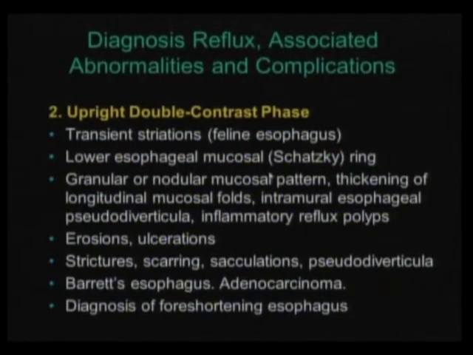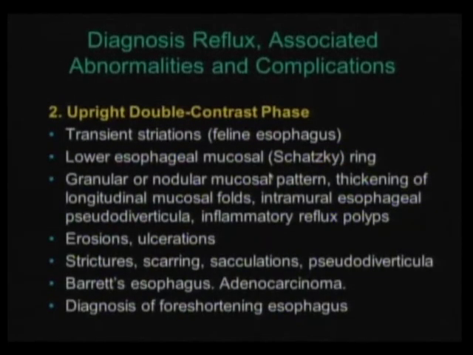Also erosions, ulcerations, strictures, areas of scarring, sacculation, and pseudo-diverticula. We try to see if we can detect areas suspicious for Barrett esophagus. And of course, one of the complications of Barrett esophagus is adenocarcinoma. So always in the double contrast, we try to evaluate these areas.